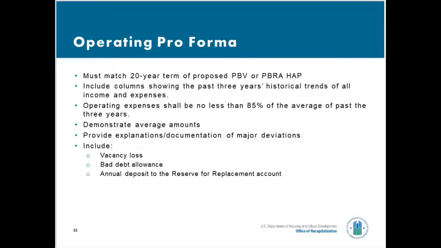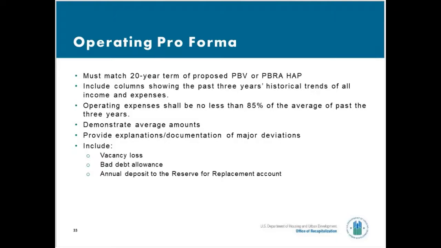In the operating pro forma, you're also going to include the past 3 years of historical trends for all income and expenses. So again, we want to see that financially this property is going to be in good standing for the next 20 years, with the income and expenses for the next 20 years, and also the past 3 years of historical trends of all income and expenses.